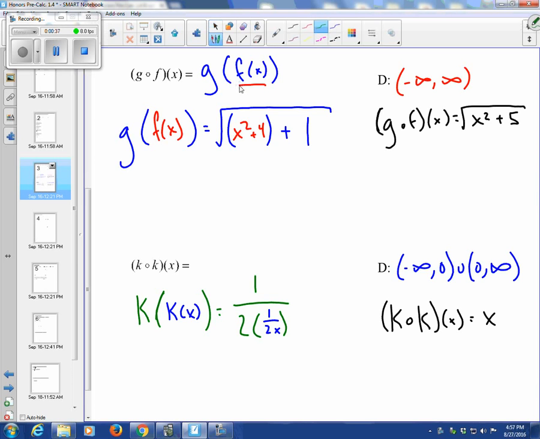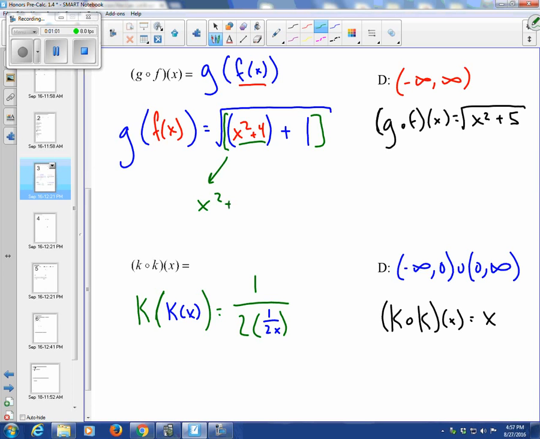Now, immediately what we can say is the inside function, f of x, does not have any domain restrictions. And what we're going to see here is that the composition of these two functions is also not going to have any restrictions. So right here, our one restriction would be that this expression underneath our square root cannot be less than 0.